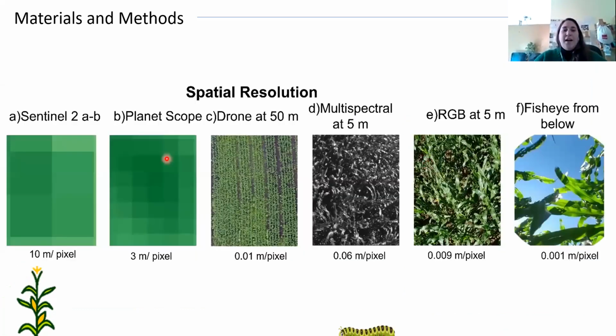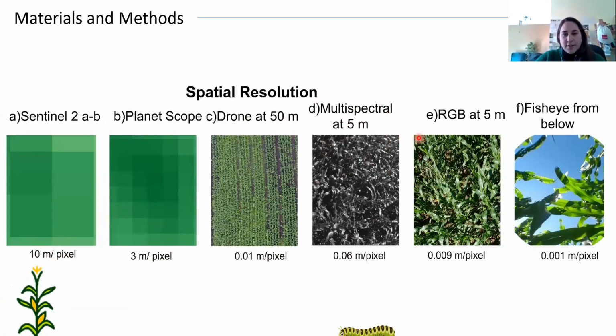Okay, here is a comparison of the spatial resolution of each scale. We have Sentinel A and B with 10 meter pixels, the Planetscope with 30 meter pixels, and the drone scale at 50 meters is 0.01 meter pixel.